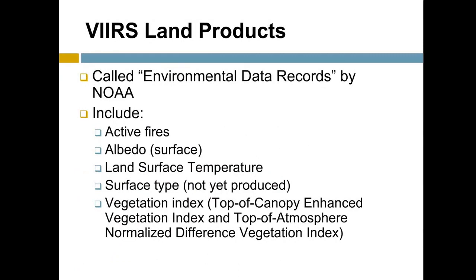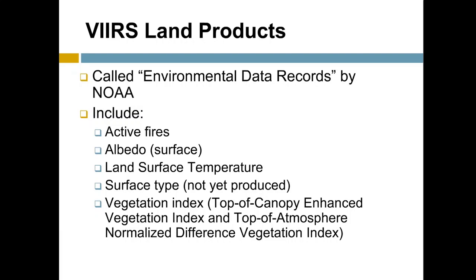There are a variety of land products produced in conjunction with NOAA. The most useful for land management is the active fires product, albedo, land surface temperature, and the vegetation index. The VIIRS Vegetation Index Environmental Data Record, or the VIEDR, is a swath product generated every day at the spatial resolution of 375 meters over land.